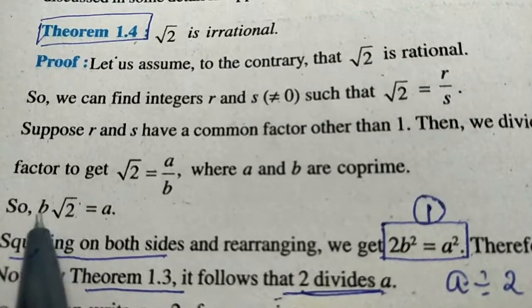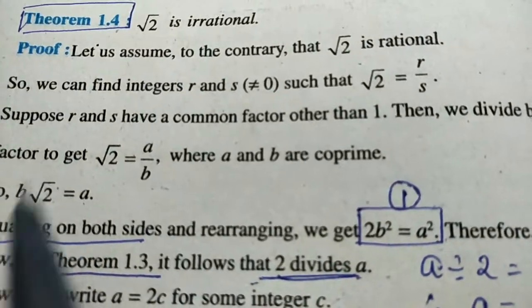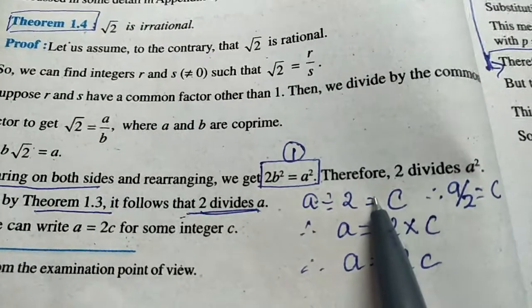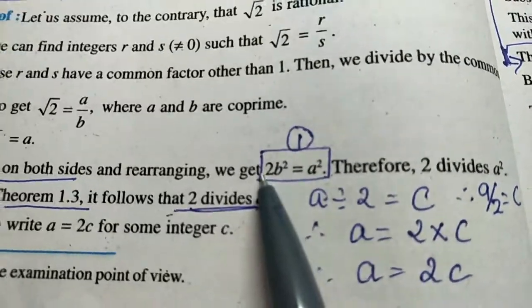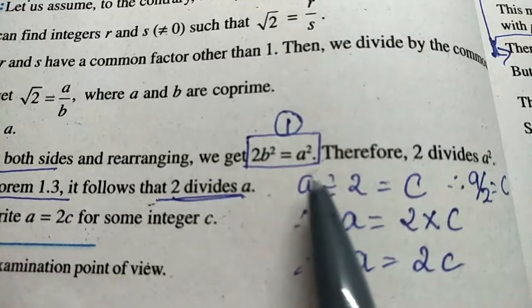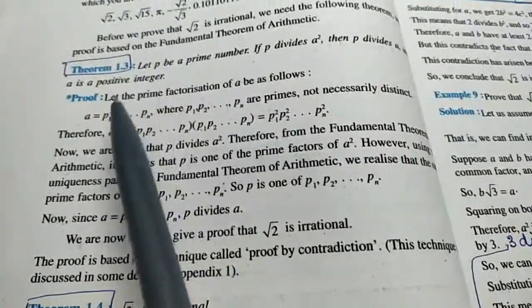Squaring this, we get b square, squaring this, we get 2. So 2b square, and this is a, so we get a square. Therefore 2 divides a square, because we get this, that means 2 can divide a square. Now if 2 can divide a square, it can also divide a. That is what we have seen in theorem number 1.3.